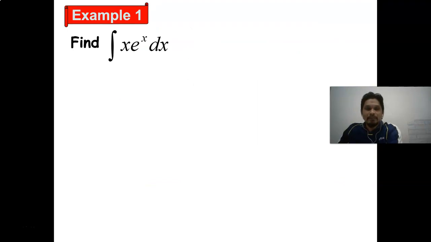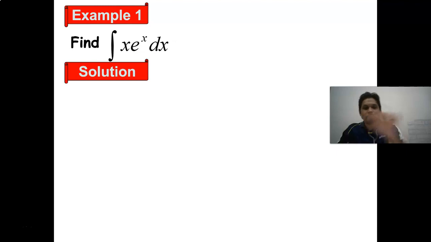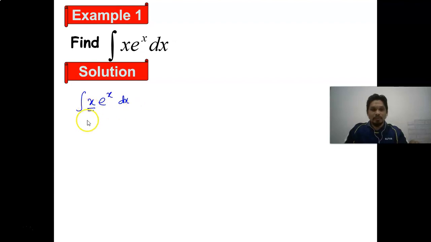Okay, so find the integral of x e power of x dx. Look at this one here now. We consider x as a polynomial, and e power x is an exponential function.